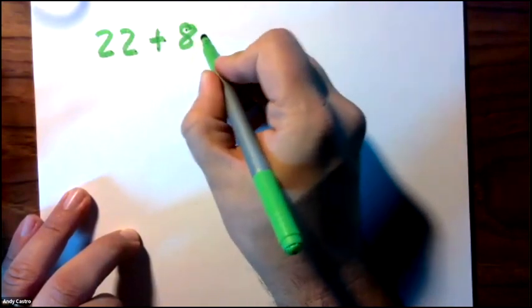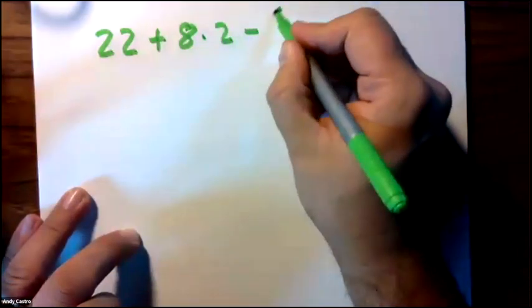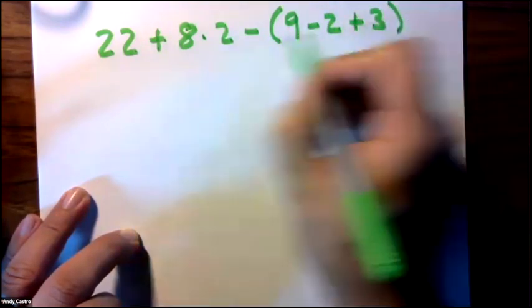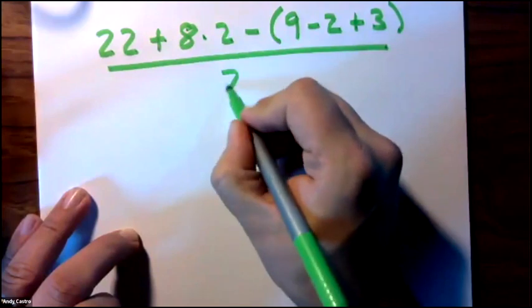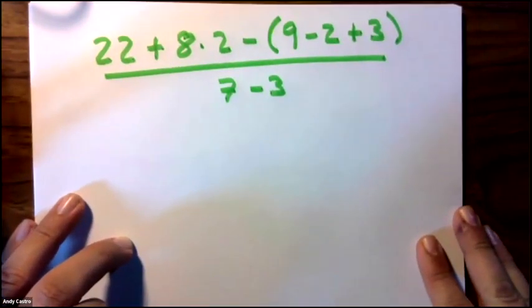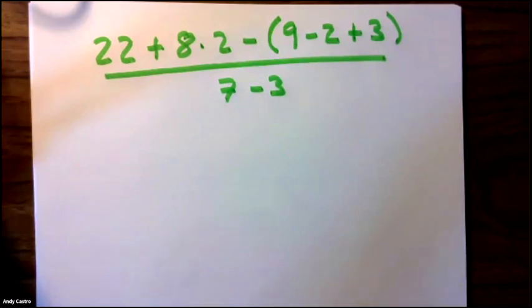We're going to do 22 plus 8 times 2 minus the quantity 9 minus 2 plus 3, all of that over 7 minus 3.